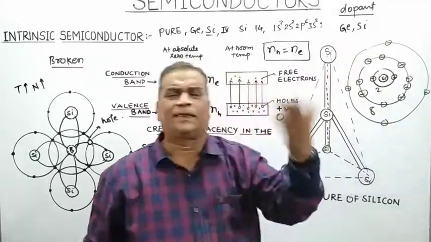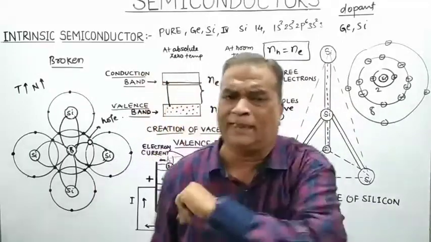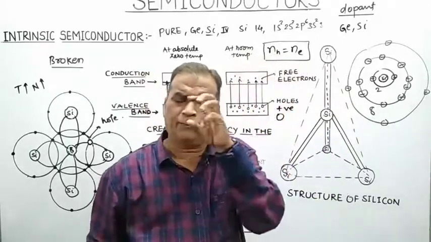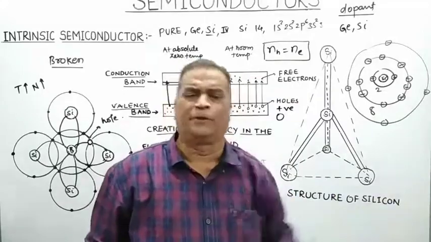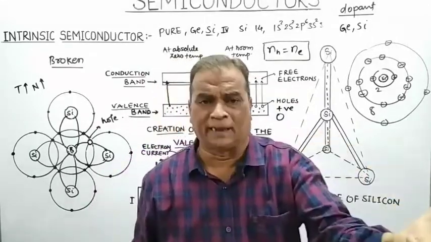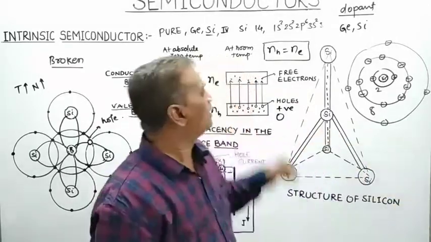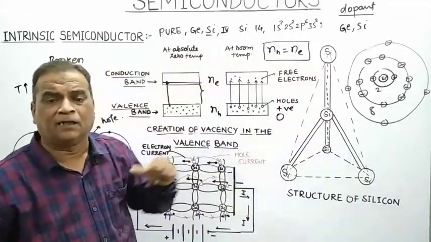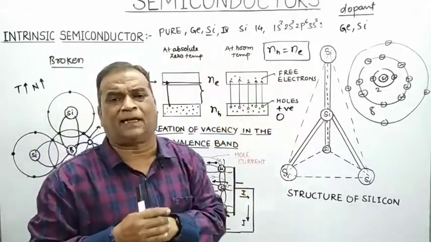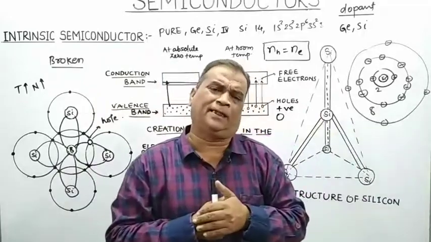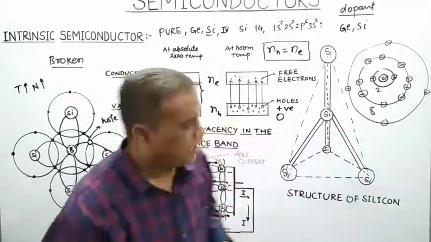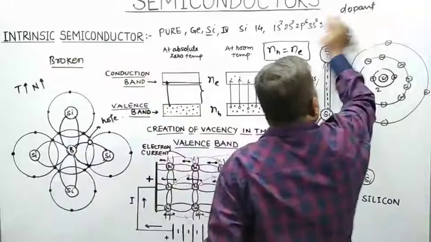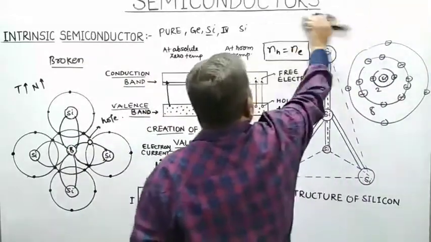Such an impure semiconductor is called extrinsic semiconductor, while pure semiconductors are called intrinsic semiconductors.